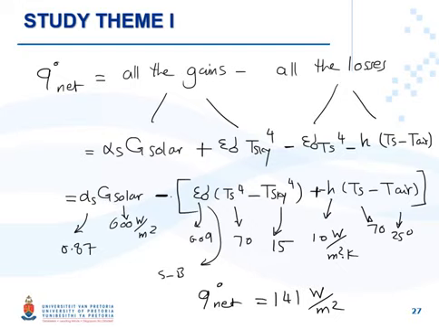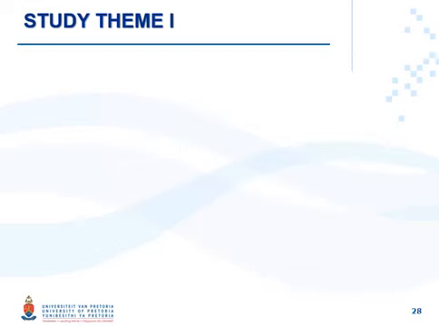Okay, so that's the first part. The second part is saying that if the backside of the plate is insulated, so if Q dot net is equal to 0, find Ts.